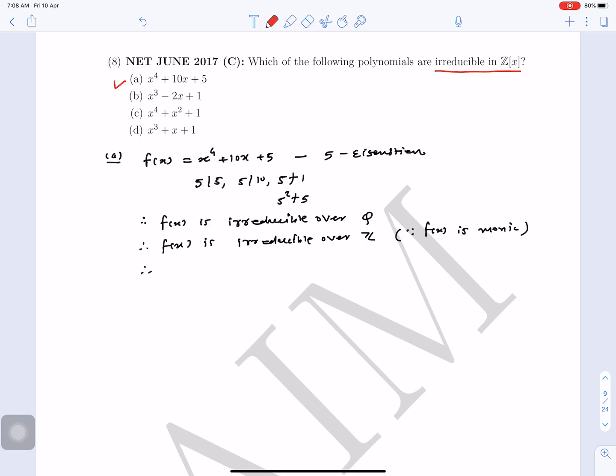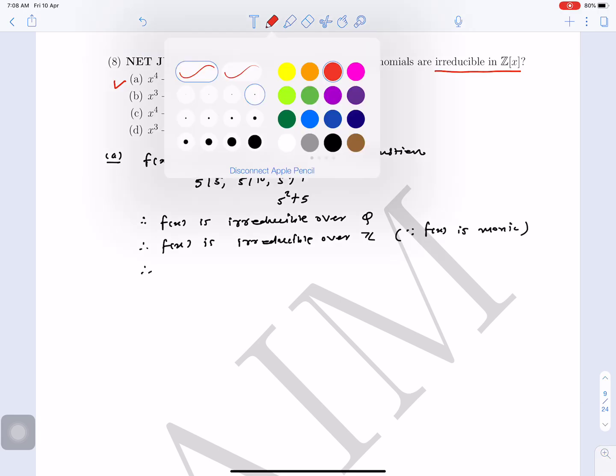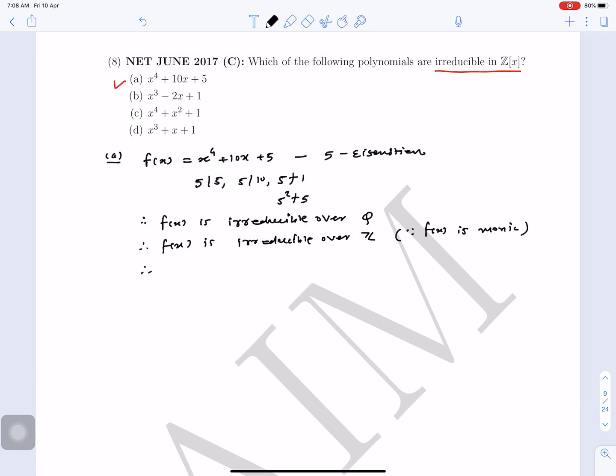Now let us go for option B. So say g(x) is equal to x cube minus 2x plus 1. You may consider it over Q[x].